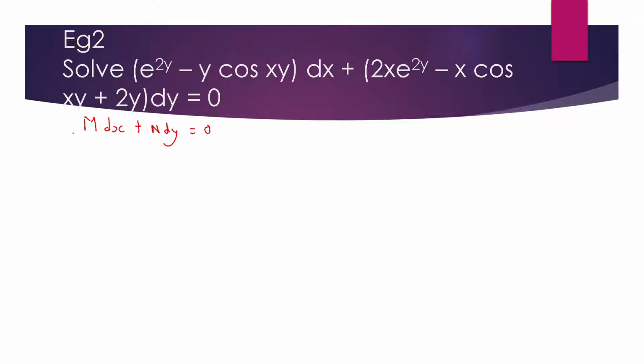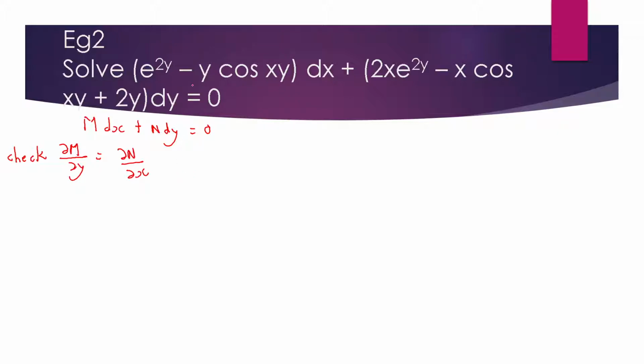If you see you have the differential equation in the form of M dx plus N dy equal to 0, first step you can try to check whether del M del y equal to del N del x. If yes, then this is an exact differential equation, then the solution is actually f(x,y) equal to a. So first step, check whether this is an exact differential equation or not.